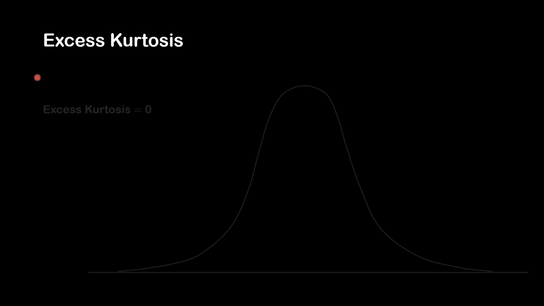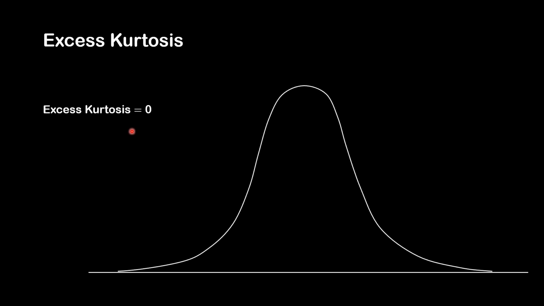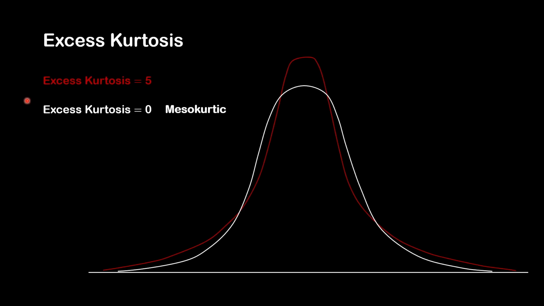The excess kurtosis coefficient tells you how tall or how short a distribution is versus the normal distribution, and more importantly, it describes the thickness of the tails of this particular distribution. The normal distribution has an excess kurtosis of 0, and it is said to be mesokurtic, whereas a distribution that has a positive excess kurtosis, so let's say 5, is taller than normal and has thicker or fatter tails.